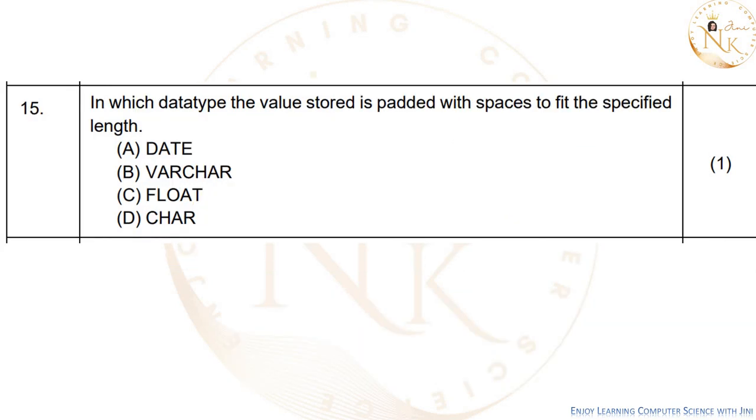Next question. In which data type is the value stored padded with spaces to fit the specified length? So date, no, varchar. So it is character. I'll explain. If I am declaring name as char of 5 and I am giving the name as Tom, I am giving only 3 characters. The remaining, since we have declared 5, will be occupied by spaces.